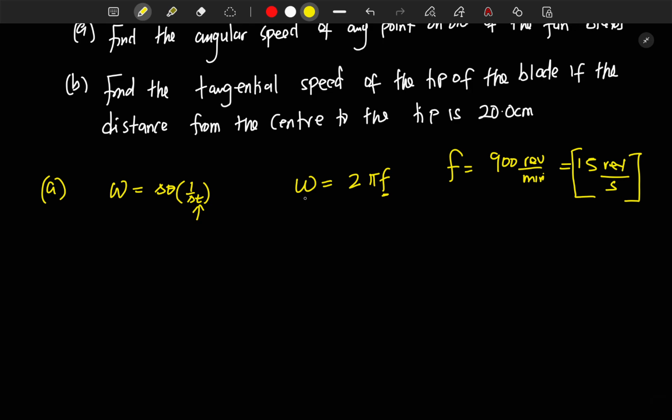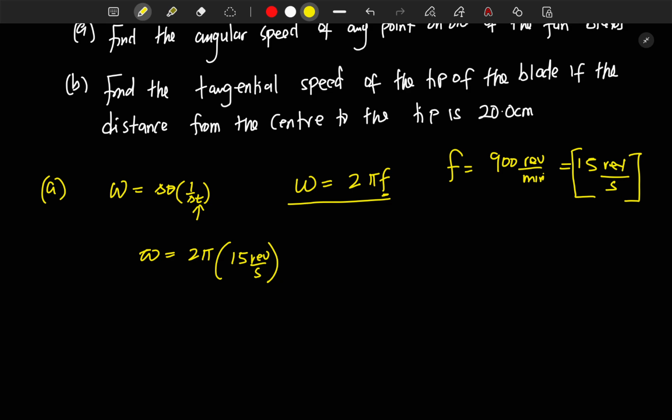All right, now since we know this formula, let's go on and proceed. This will be 2 pi, and we can put our frequency there, which is 15 revolutions per second. So what do we get? We are getting 2 pi multiplied by 15.